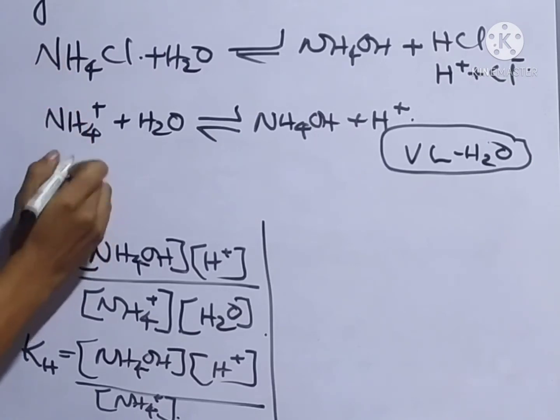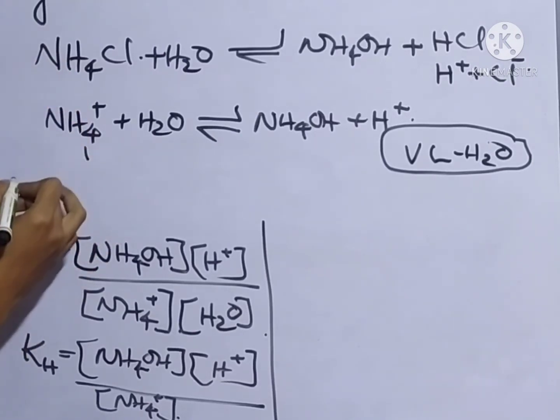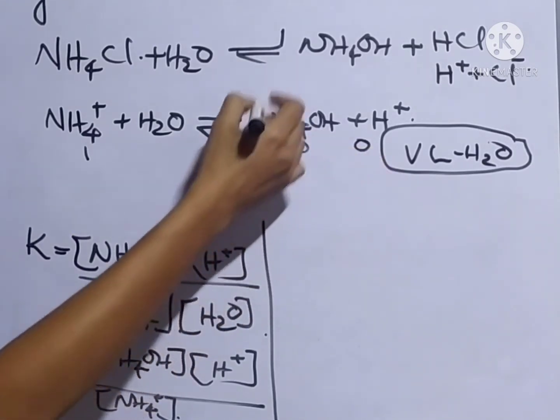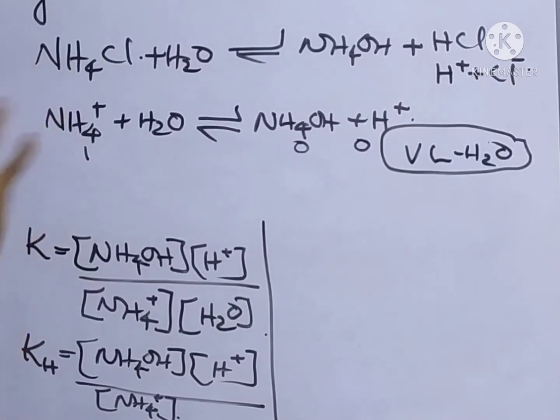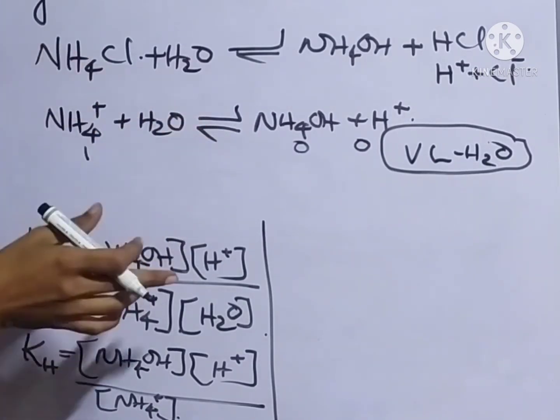Initially, the concentration of ammonium chloride is maximum, that is, we can take it as 1. Then the concentrations of NH4OH and H+ are 0, that is, the hydrolysis process has not started.